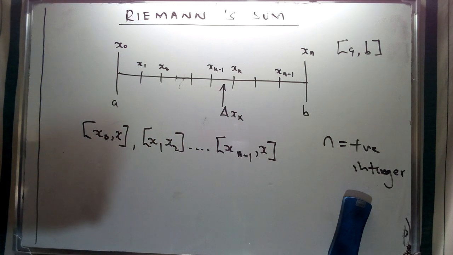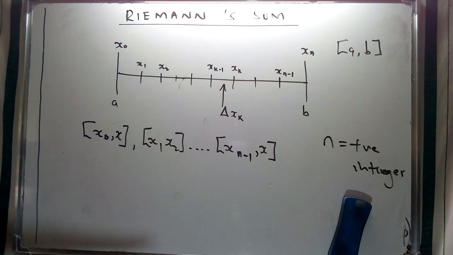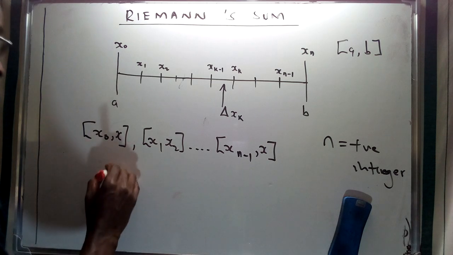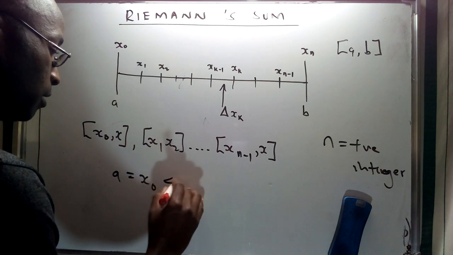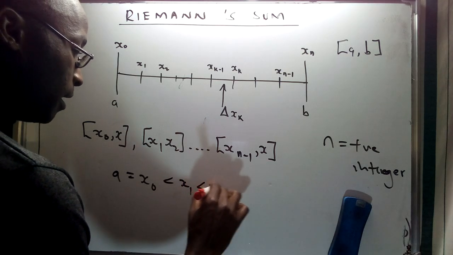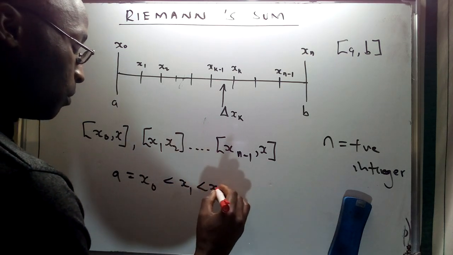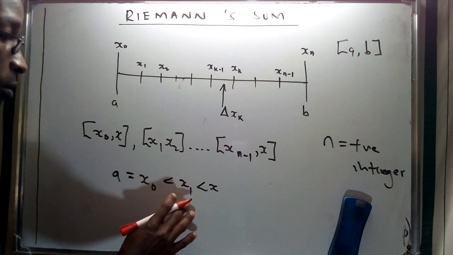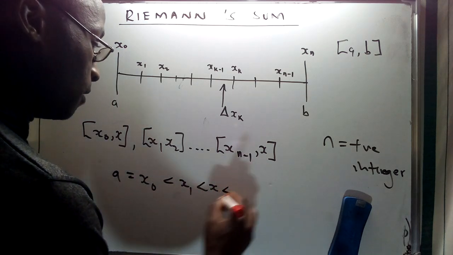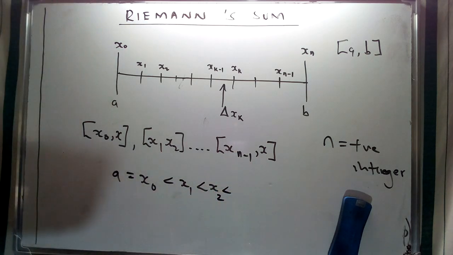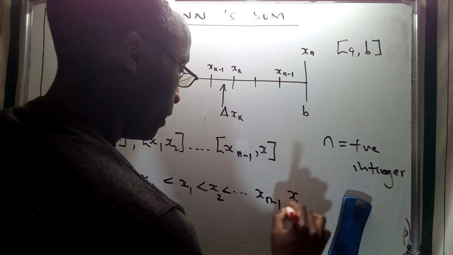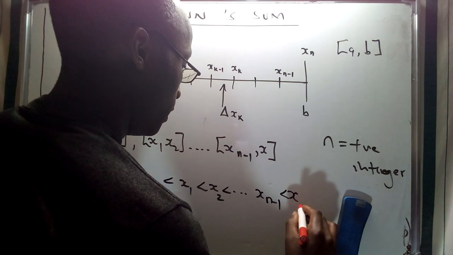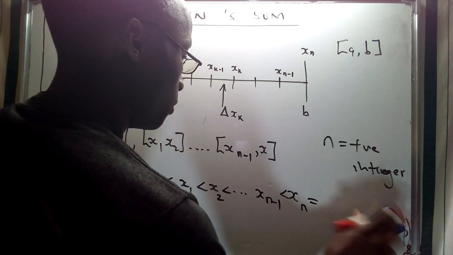Now, this can also be illustrated for these specific numbers, whereby the closed interval a is going to range between these values x1, x2, and this is going to proceed until we reach the last one, n, which is equivalent to b.